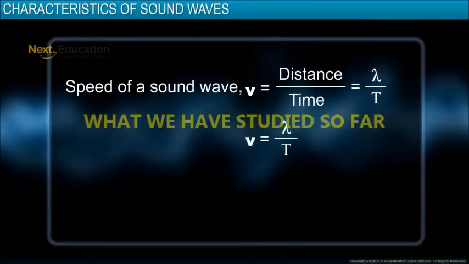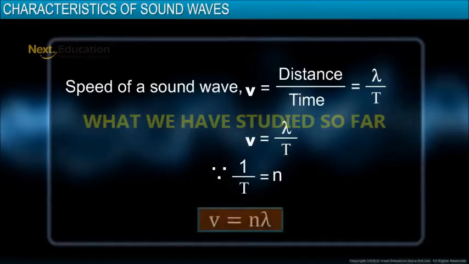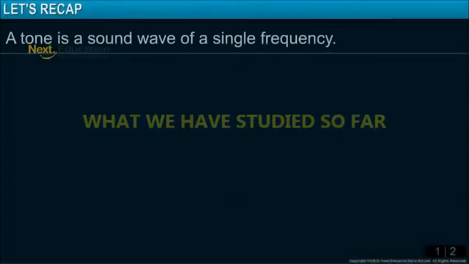The reciprocal of the time period of a sound wave is equal to its frequency. Therefore, the speed of a sound wave is the product of its frequency n and wavelength lambda. A tone is a sound wave of a single frequency.